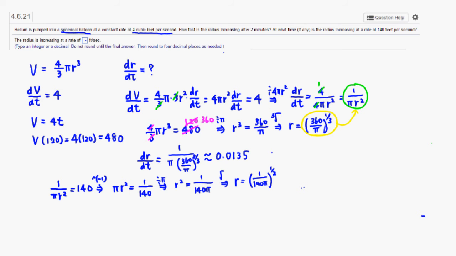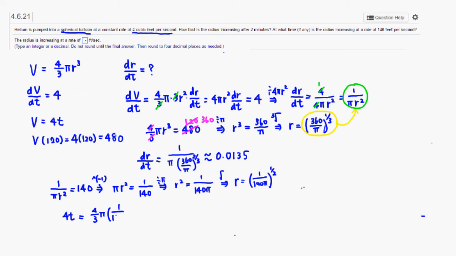Then we want to know when. We know the volume is 40t and also 4 over 3 pi r cubed. So I'm going to set 4t equal to that, which tells you the volume after t seconds, and we know that r has to be that value. So it's 4 over 3 pi, and we have to raise it to the 3rd power.